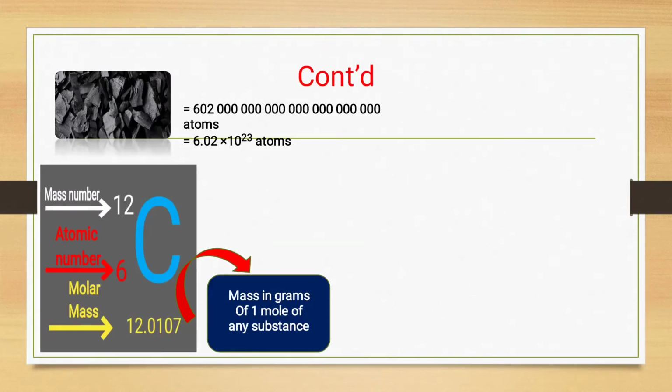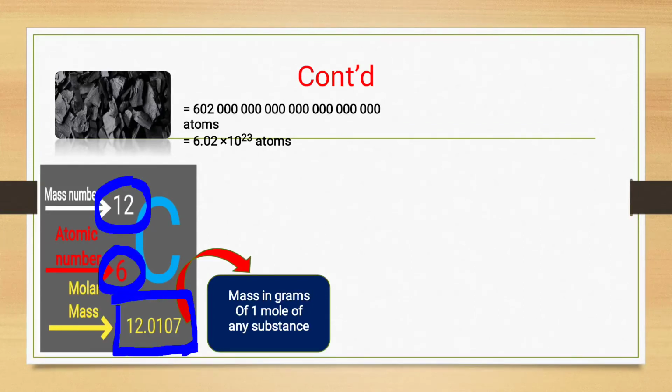When you study carbon from the periodic table, we are told the mass number of carbon is 12. Also from the same periodic table, we know that the molar mass of carbon is 12.01. And now, what is the molar mass?